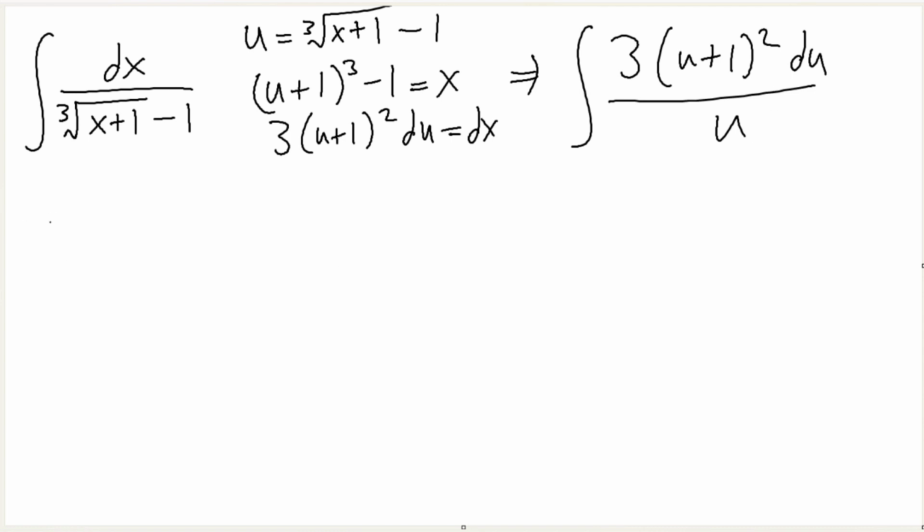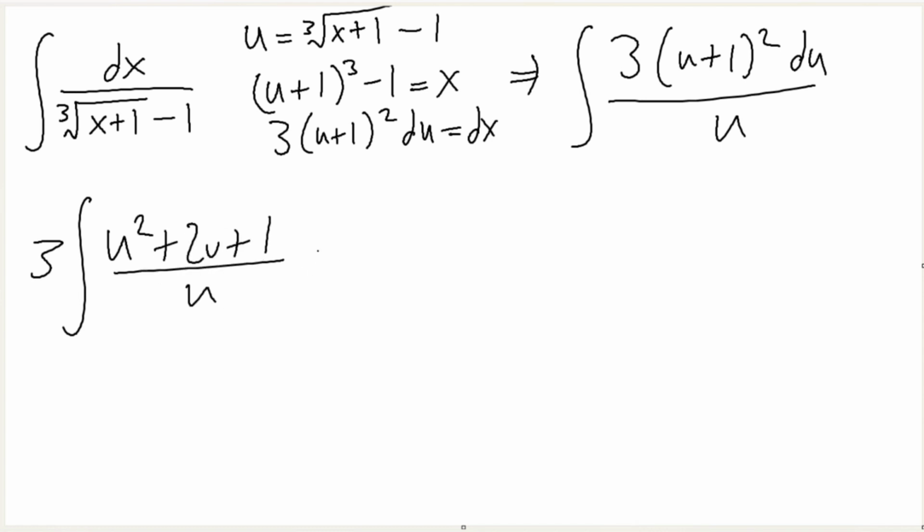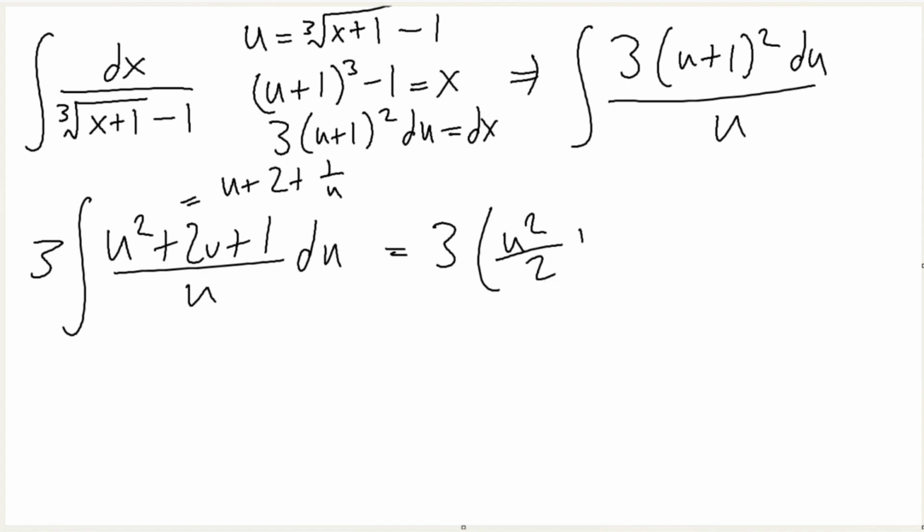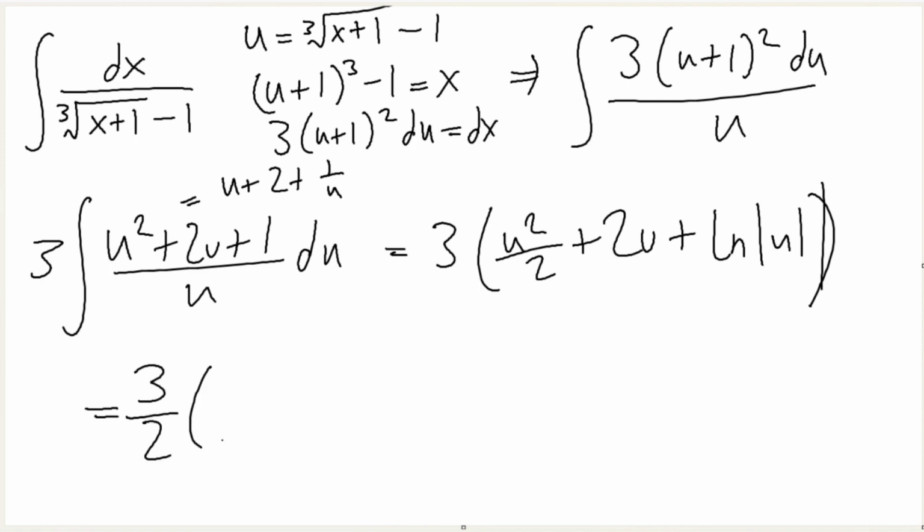Okay. So we have 3 times u squared plus 2u plus 1, all that divided by u. This is technically u plus 2 plus 1 over u. That's all you're doing. So now this equals u squared over 2 plus 2u plus ln of u. Oops, that's a parenthesis. So now our answer is going to be nasty.